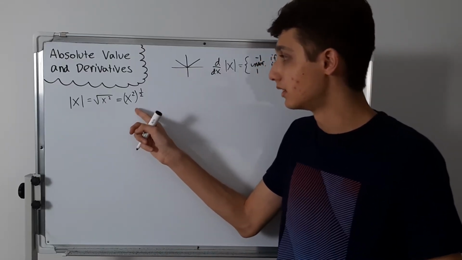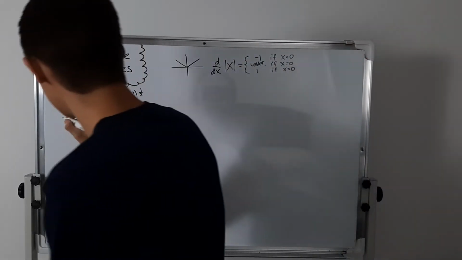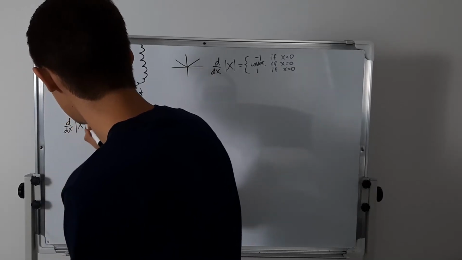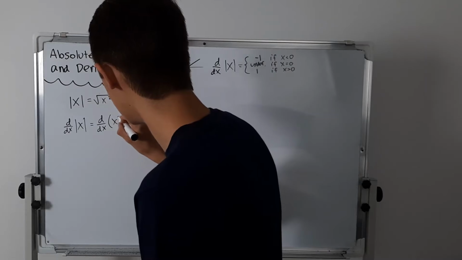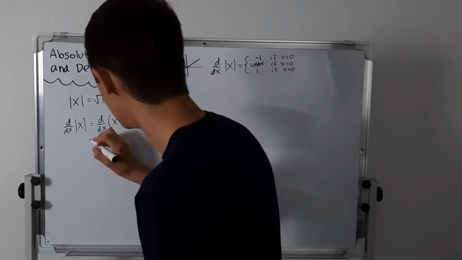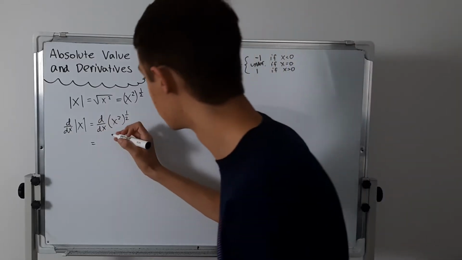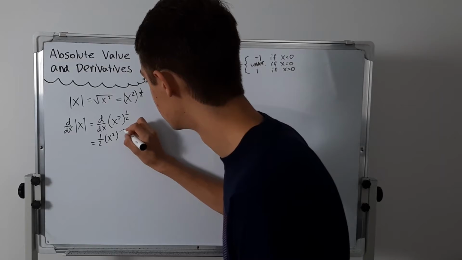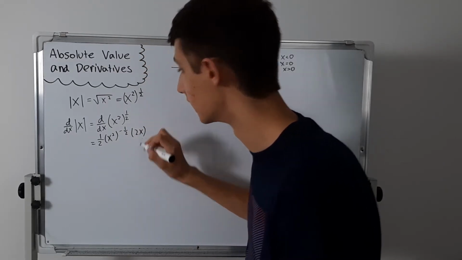This is a lot easier to differentiate, right? We can use the chain rule. So the derivative of the absolute value is equal to the derivative of x squared to the 1/2, and this is equal to 1/2 times the inside to the -1/2 times the derivative of the inside, which is 2x, right?